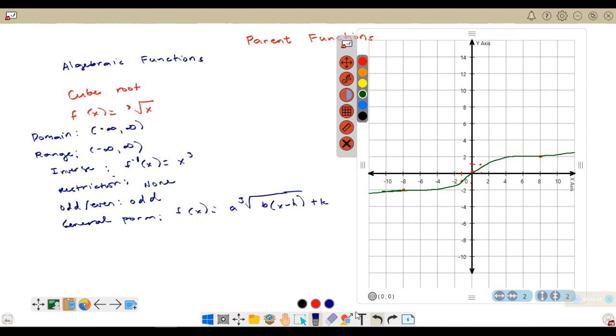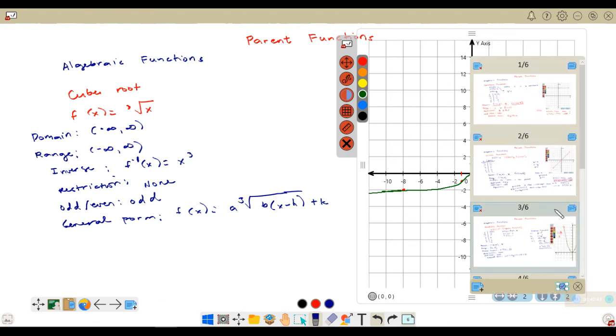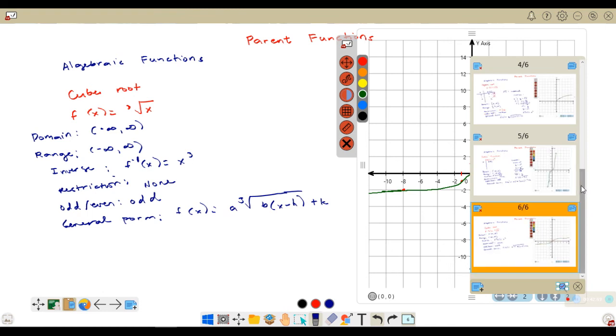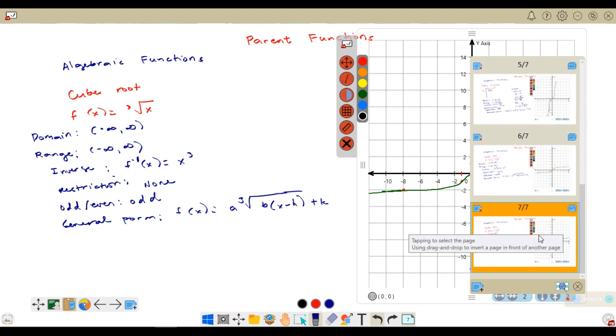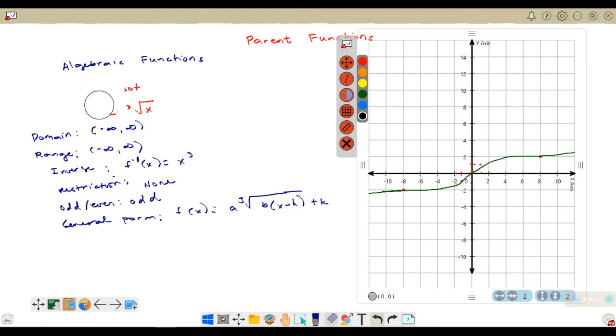Last na tayo. So, for the last function under algebraic, we have the reciprocal or rational. Nag-copy na ba? Nag-copy na. Burahin ko lang to.